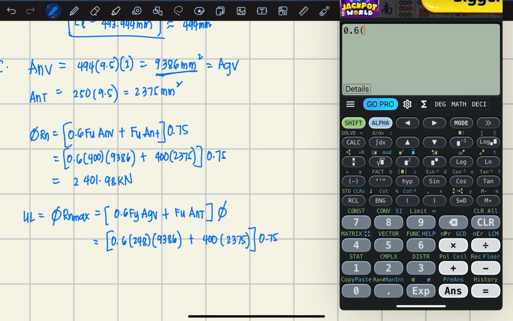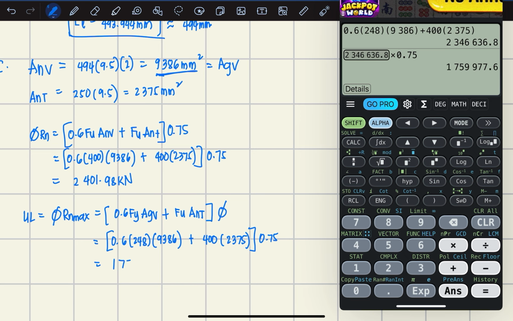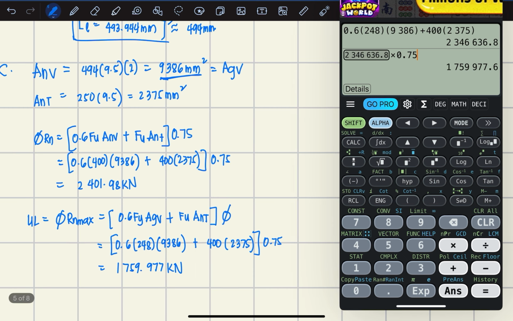The answer is 1,759.977 kilonewton. So the block shear exceeds the upper limit. Therefore, the upper limit governs.